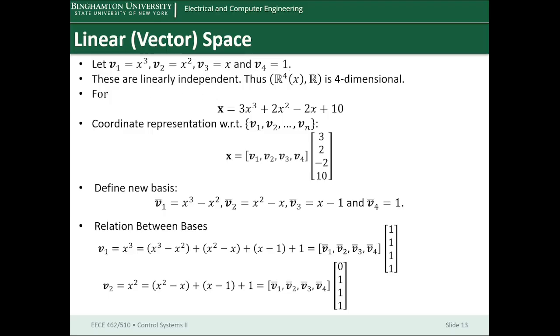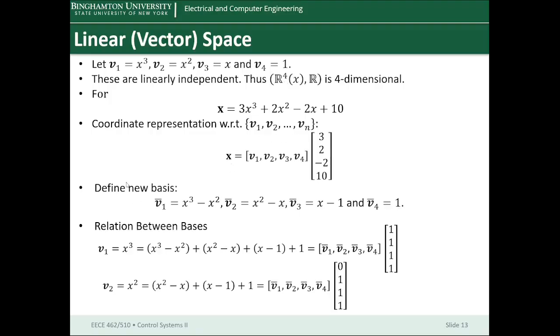Every polynomial of degree less than 4 can be represented uniquely as a linear combination of these basis vectors. So R4[x] is a four-dimensional vector space, and also we can show the coordinate representation of each polynomial with respect to these bases. For example, this polynomial is equivalent to this coordinate representation based on these basis vectors.